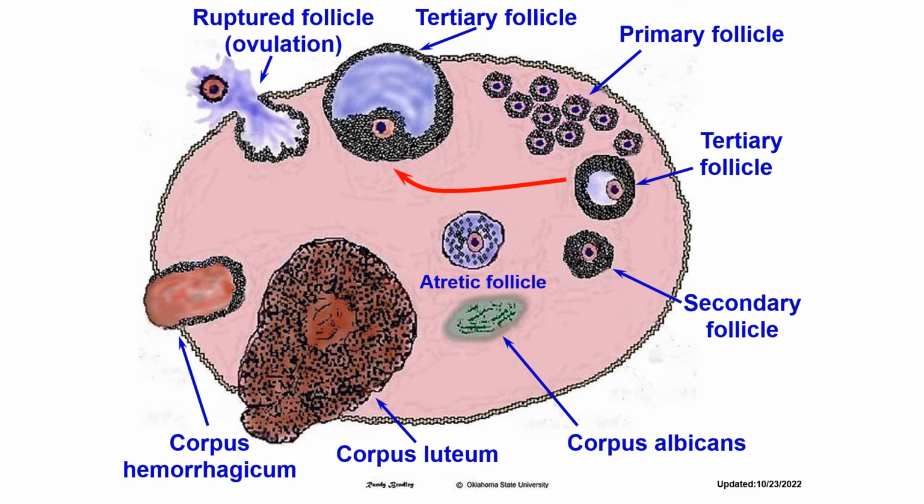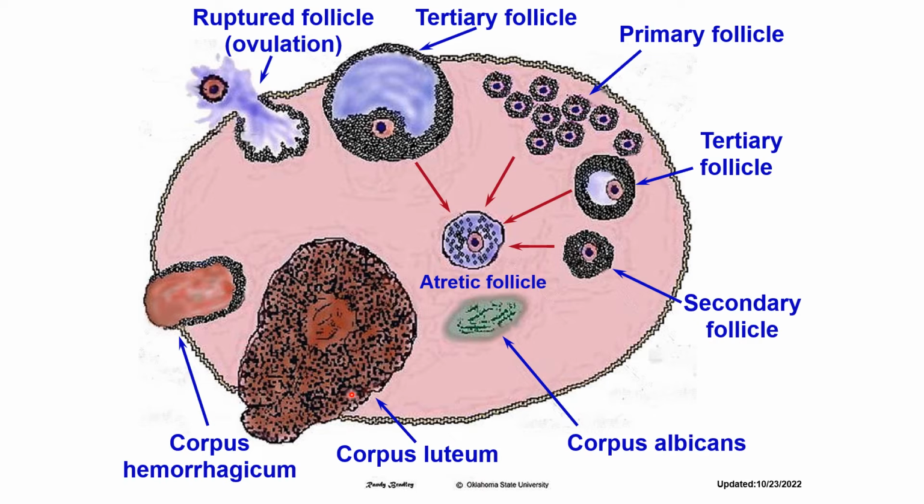So again, this is the diagram of the cortex of the ovary, or the cross section of the ovary, showing the development of the follicles. We have here the primary follicle. A group of primary follicles is known as the egg nest, and the primary becomes a secondary, and it becomes a tertiary, and of course we have here a smaller tertiary follicle, then a larger one, and later on it ruptures and it ovulates, to become these structures here.